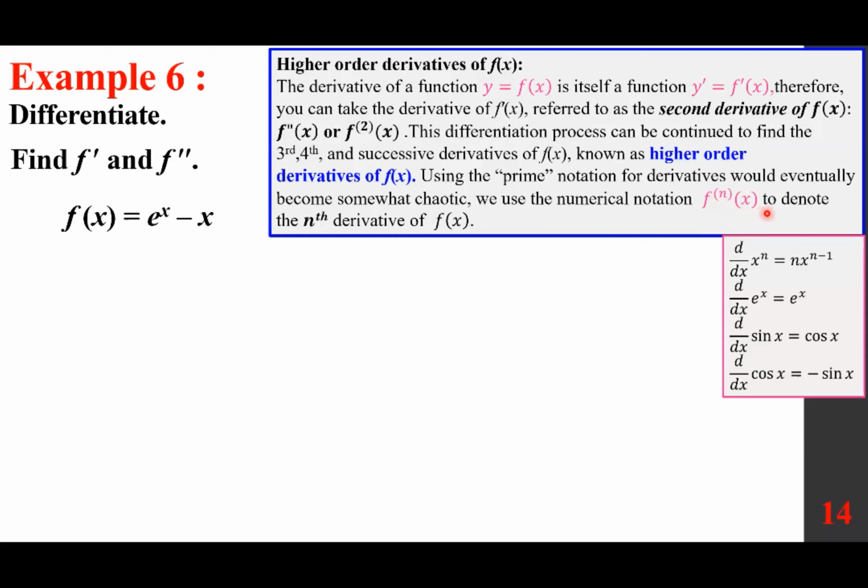That means the nth derivative of f of x. So first and foremost, f prime, e to the power of x is itself, minus x is negative 1. So I just wanted to mention this concept of f double prime. So the second derivative, differentiated again, and as you know, e to the power of x gives you e to the power of x. So simply put, do it again. That's the concept.